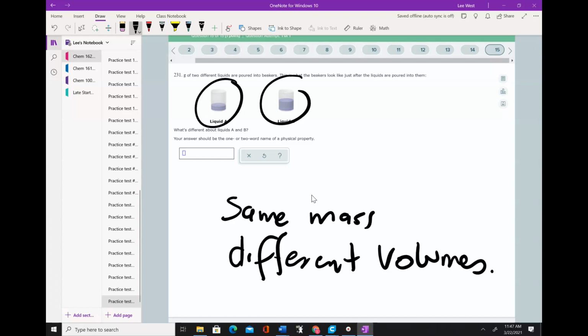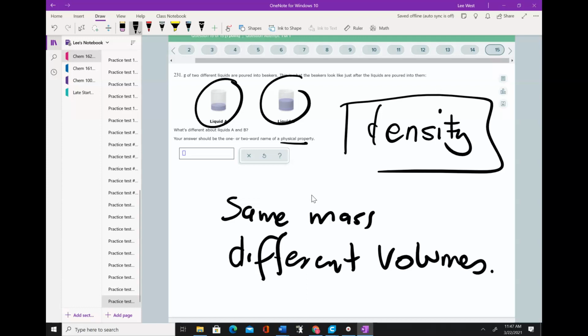Your answer should be the 1 or 2 word name of a physical property. So what's different about them? Density. Right? Liquid A is more dense than liquid B. All right? So that's it, right? Because the masses are the same, but the volumes are different, so therefore they have different densities.